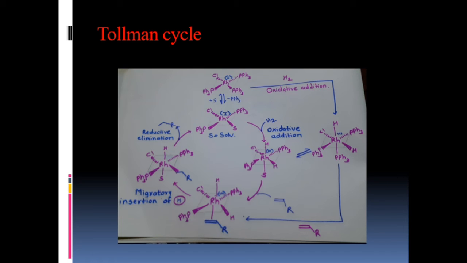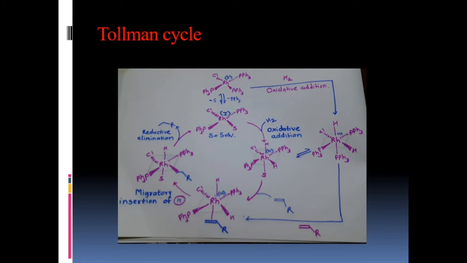Now that species undergoes oxidative addition, meaning first one PPh3 ligand is removed. After that, oxidative addition is carried out. After that oxidative addition, we get a six coordinated species again, and the same cycle is repeated.